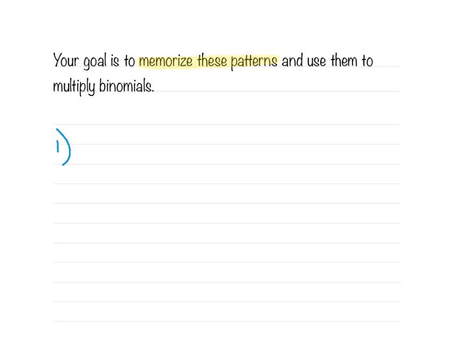Okay, number 1. Let's try this one. X plus 3 squared. Here is the square of a sum. The pattern that I taught you says I take the first term and I square it. Then I'm going to add 2 times the product of the 2 terms, x times 3, which is 3x.